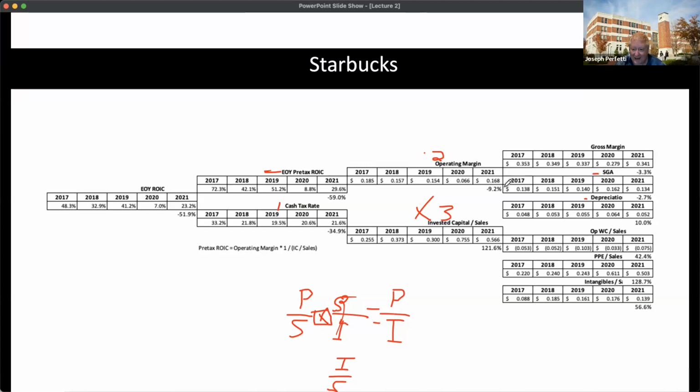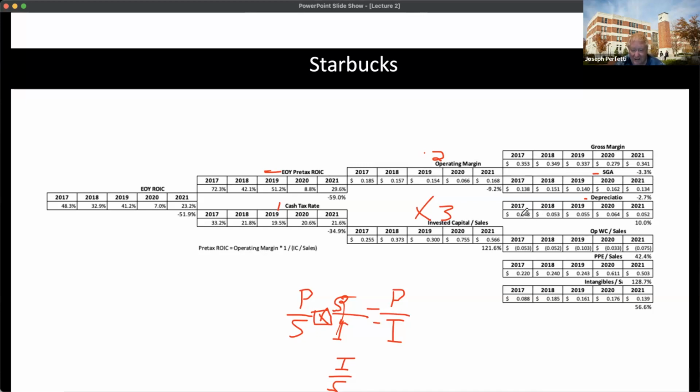All right. Second, how much are they spending on marketing, overhead, shared services? That's SG&A. 2017, they spent 13.8 cents per dollar of revenue to sell a cup of coffee. 2021, 13.4 cents. Went down slightly. So they make less every time they sell a cup of coffee, gross margin down. Overhead rates stayed about the same.